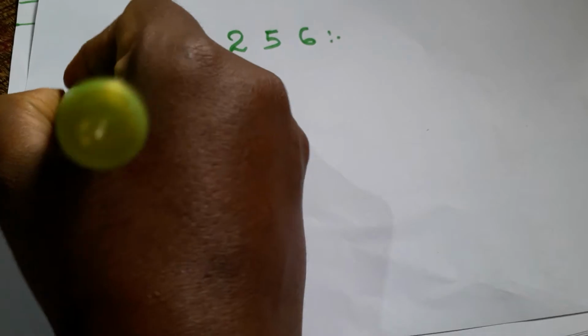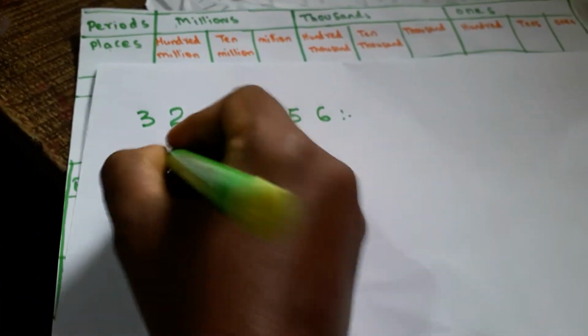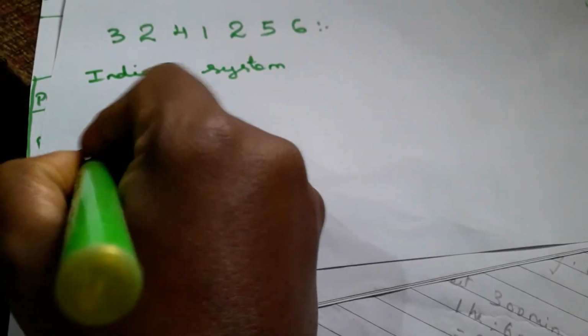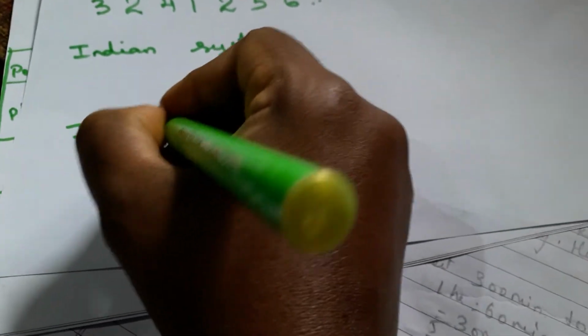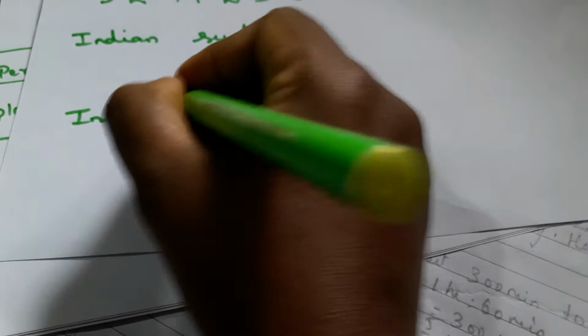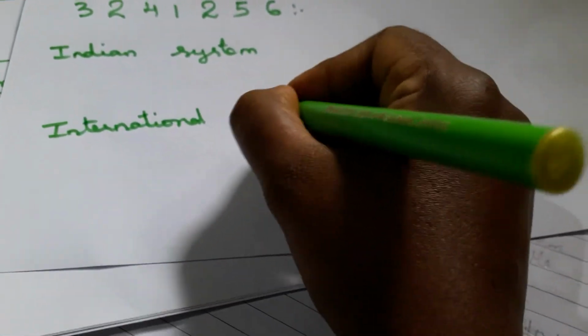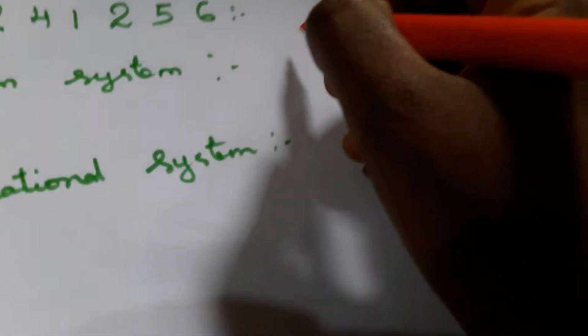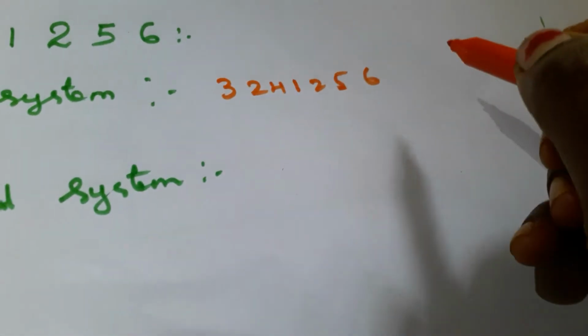I have to represent this both in the Indian system as well as in the international system. I have to write a number name in the international system as well as in the Indian system. So now how am I going to write? I'll take the number first: 3 2 4 1 2 5 6.